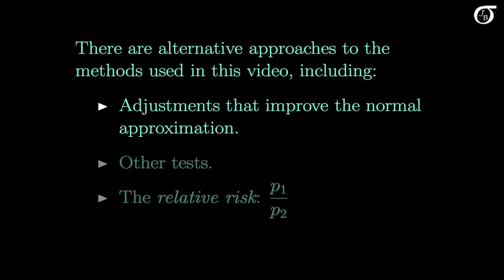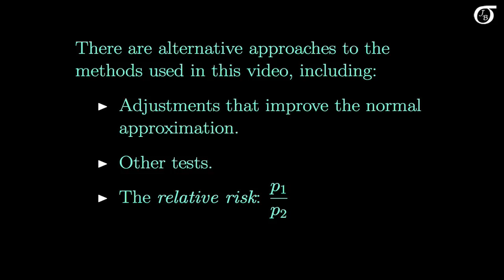There are alternative approaches to the methods used in this video, including adjustments that improve the normal approximation, other statistical tests that are sometimes used in these scenarios, and the difference in proportions might not be the most meaningful measure. Sometimes, especially for small proportions, the relative risk, which is the ratio of proportions, is a more meaningful quantity.